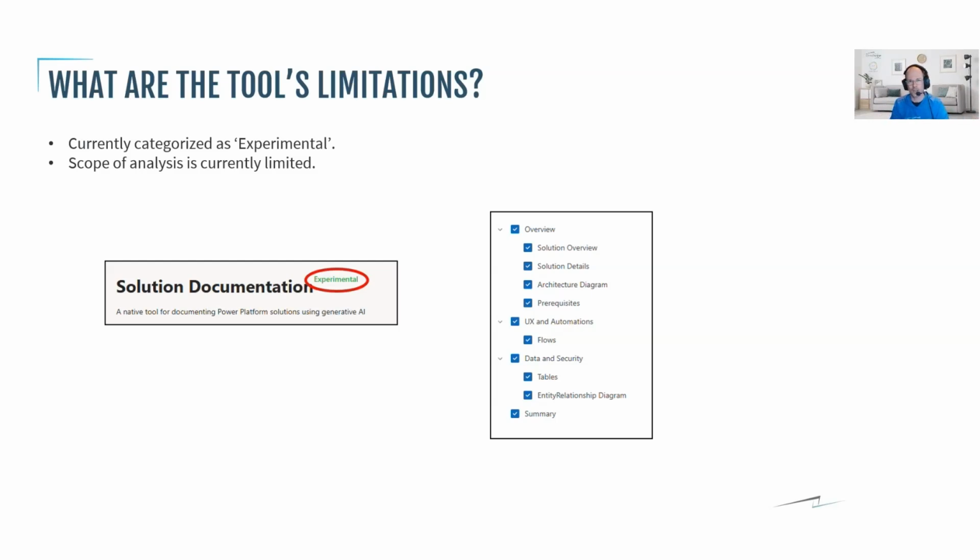Because this is still in a preview and its features are intentionally limited in this preview state, I would expect that to expand. So if you aren't seeing some of the things that you'd want to see in this analysis, in this tool that is going to document those things that you would typically have in your solutions, just wait a couple months and give it an install then. See what other features have been added. Because again, this is the worst this will ever be. It's only going to get better from here.